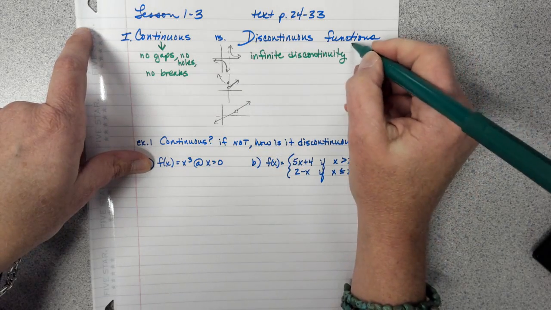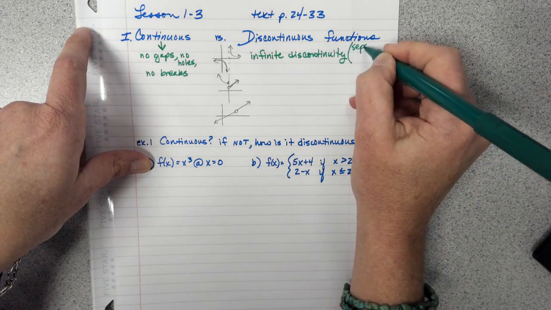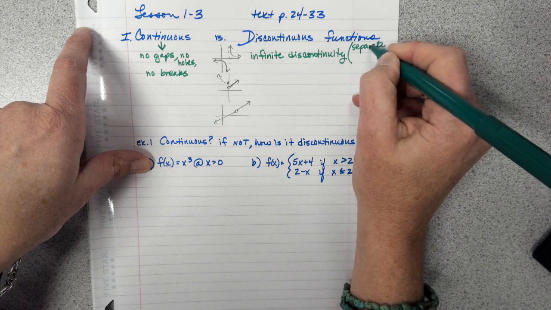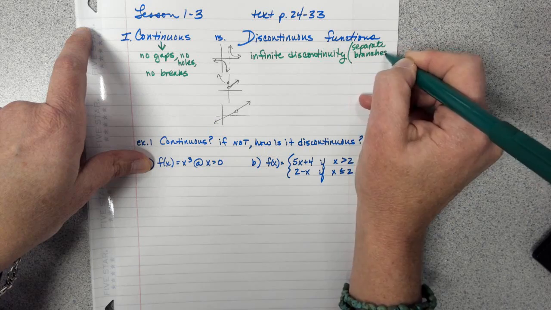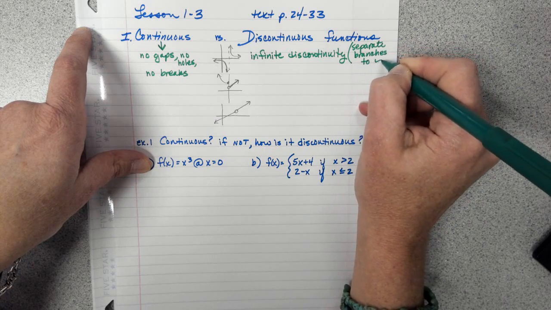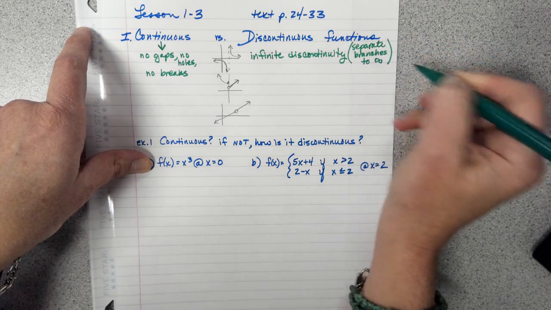And basically, you have separate branches that go to infinity or negative infinity.